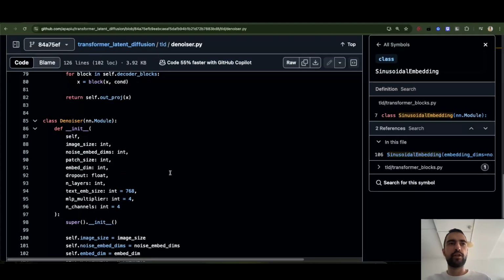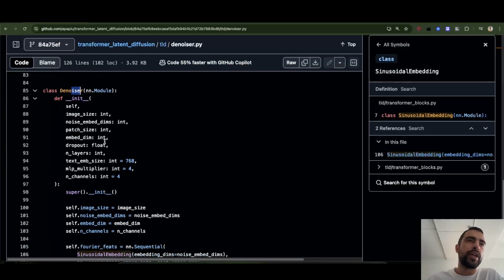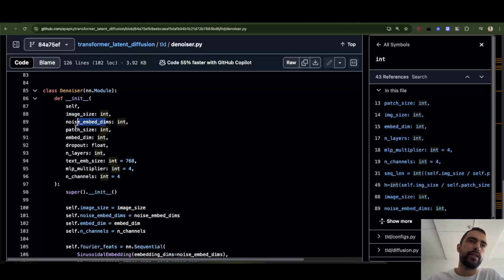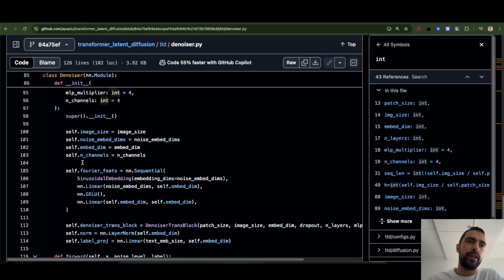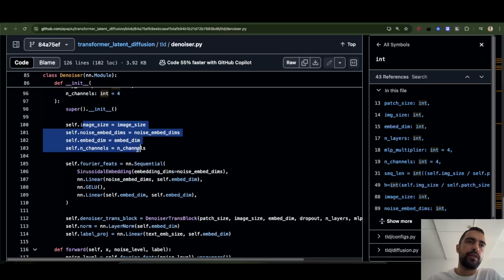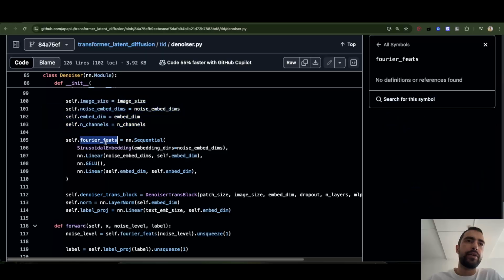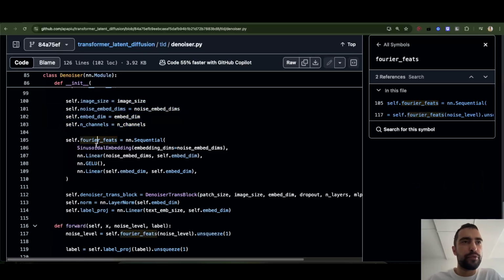Now let's see this denoiser class. We have image size, noise embed dimensions, patch size, embedded dimension, dropout, so a bunch of stuff here. We just assign those variables. And then we have these Fourier features, which is a sequential layer.